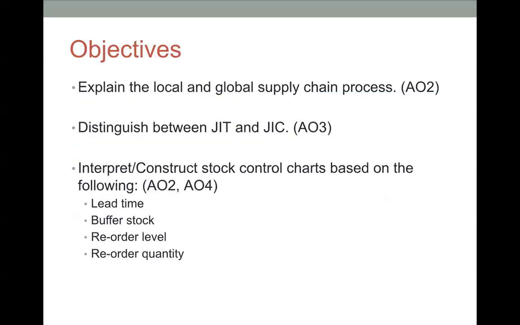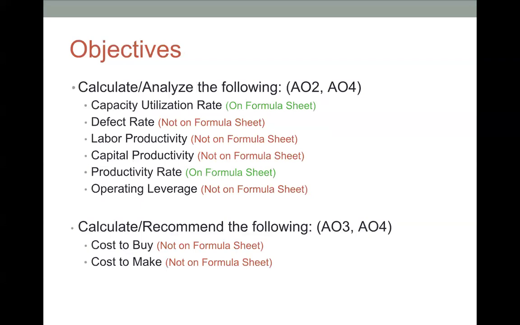Okay, so our objectives for this chapter for today's lesson would be you have to be able to calculate all of these, but you also have to be able to understand what they mean to the AO2 level and analyze situations based on these numbers. Again, not every one is going to be on your formula sheet, unfortunately. The cost to make or buy is very intuitive.